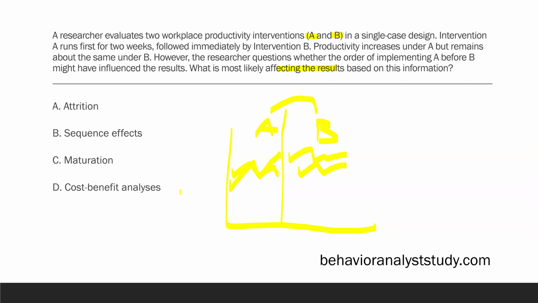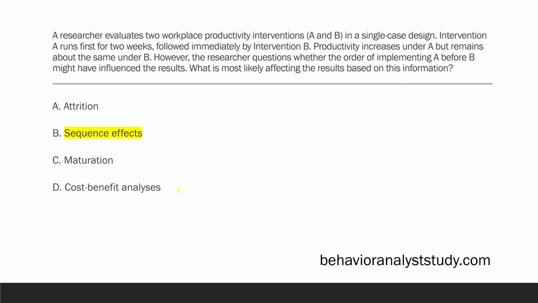And then D, cost benefit analyses. Cost benefit analyses is a strategy. The researcher is not conducting a cost benefit analysis, so it should not be considered. The issue here is most likely sequence effects. The order of the conditions affected A affected B, given A came first.